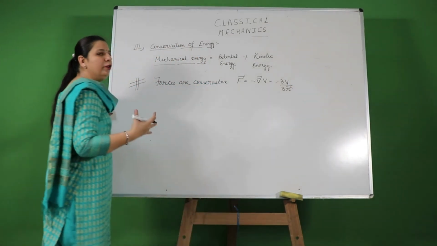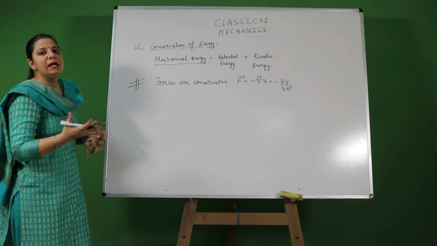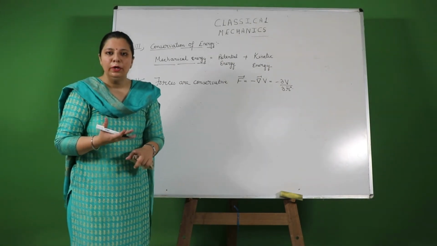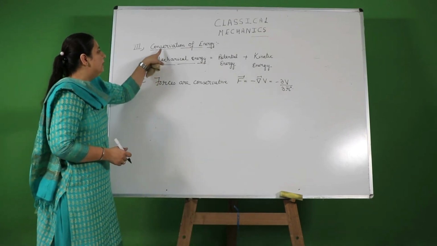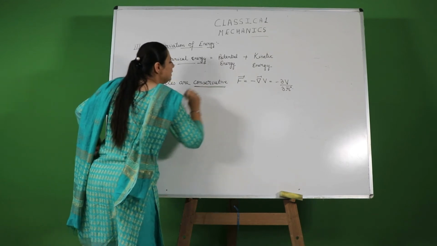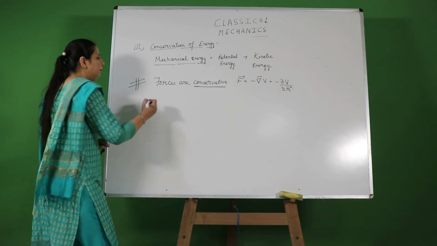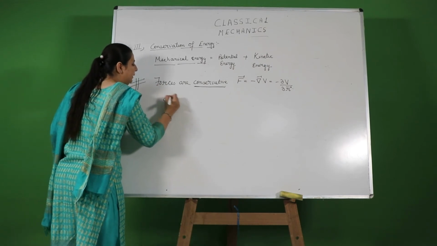If forces are non-conservative, then energy will not be conserved, because some energy will always be dissipated either in the form of sound or in the form of heat. Okay. So whenever we want energy to be conserved, our first requirement is that the forces we are dealing with should be conservative in nature. So first is this thing. Now consider a small displacement dr.